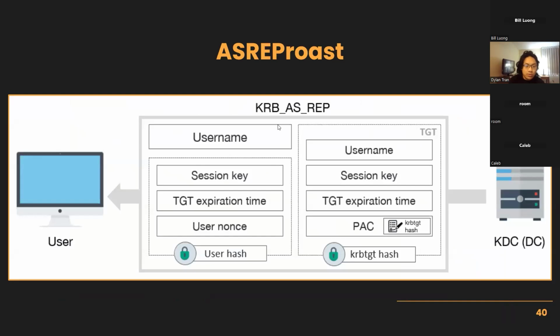What this AS-REP looks like is you have the whole message, and part of it has the TGT, because this is the first part of Kerberos authentication that involves obtaining the TGT. You're also going to have a part of the AS-REP message that is encrypted with a hash of the user.